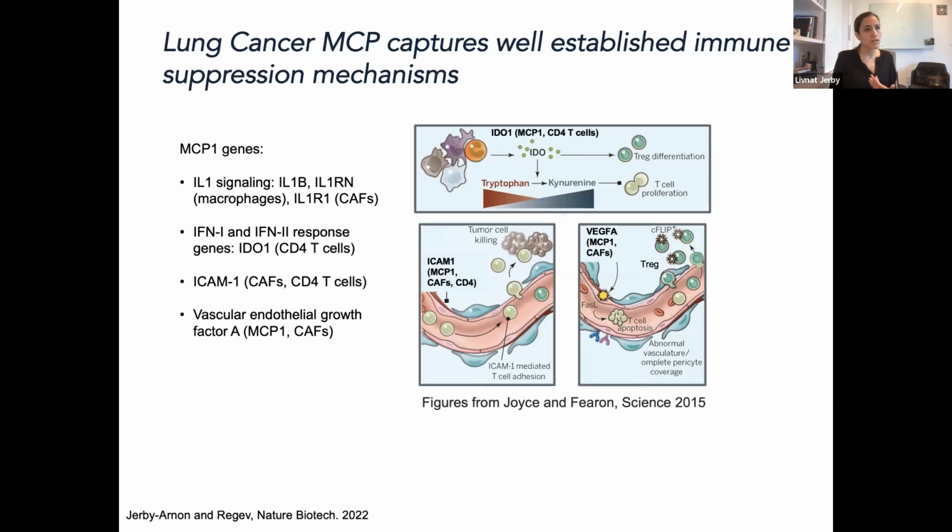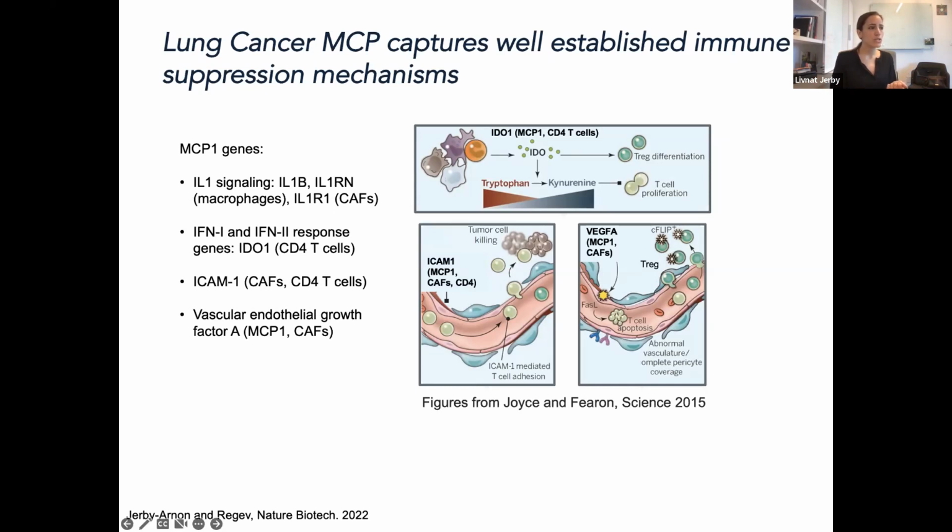And this MCP, in a completely unsupervised manner, managed to recover those connections. And so it demonstrates the IL-1 signaling with both the receptor and the ligand expressed in macrophages and cancer-associated fibroblasts. It shows that different cells respond to interferon type 1 and type 2 in different ways.